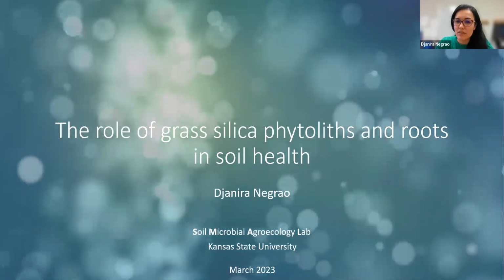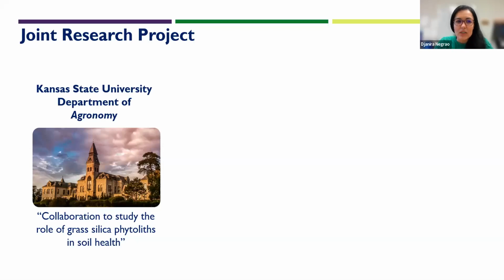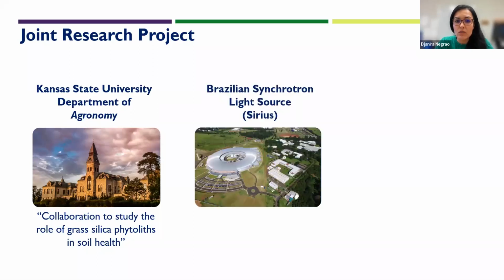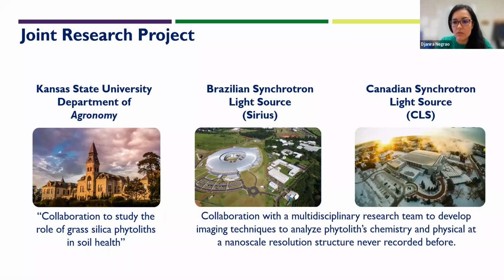The role of grass, silica, phytoliths, and roots in soil health. So this is a joint research project of the K-State Department of Agronomy in collaboration to study the role of grass, silica, phytoliths in soil health, and also the Brazilian Synchrotron Light Source and the Canadian Light Source, where we have projects going.